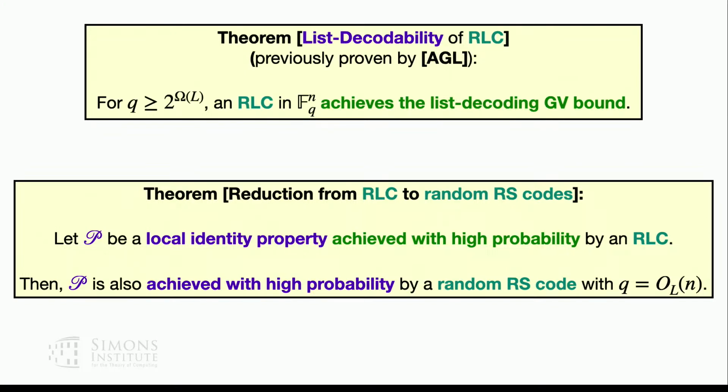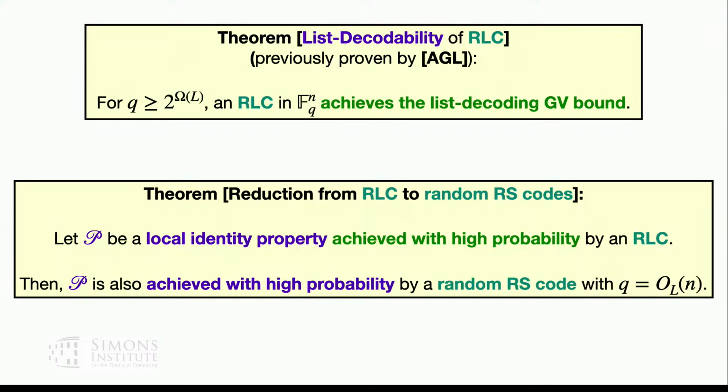But I want to say that I haven't yet given enough thought to trying to reason about list recoverability of random linear codes with this framework. So I'm really hoping that it can be used to say something more substantial.